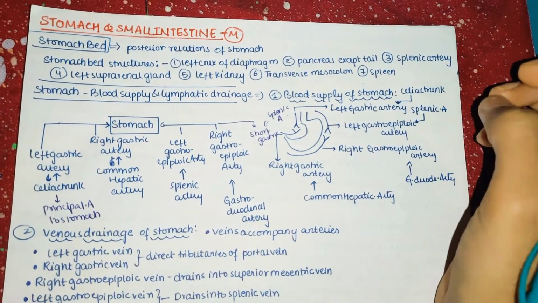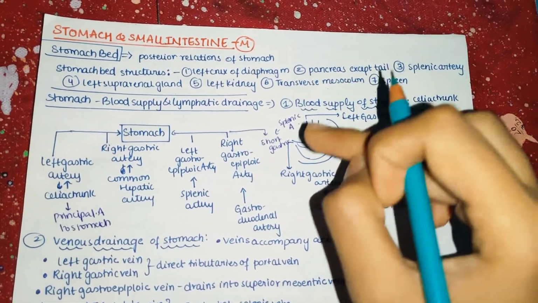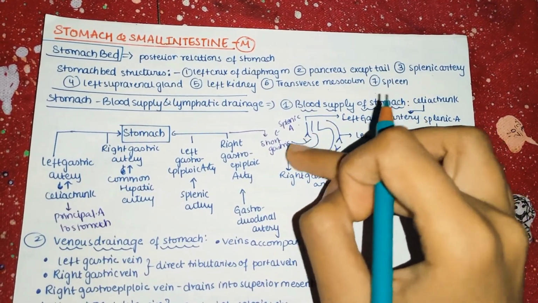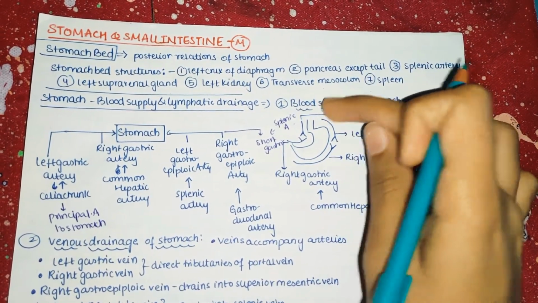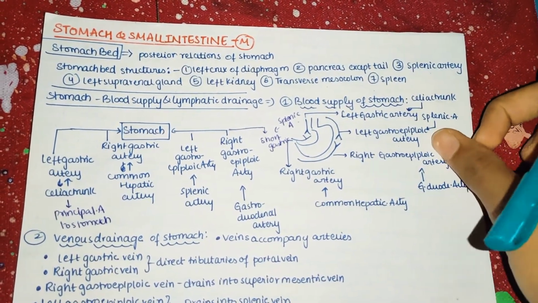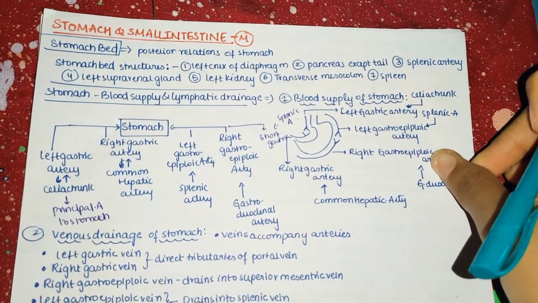So the blood supply for the stomach is mainly by the left gastric artery and right gastric artery, okay, on two sides of the stomach, and also the short gastric arteries will be here, and of course the left gastroepiploic artery and the right gastroepiploic artery, right?